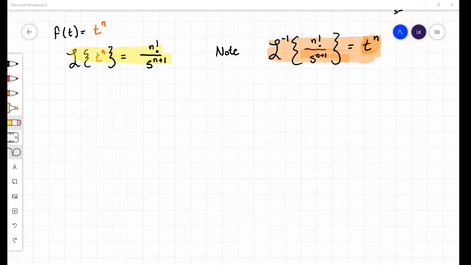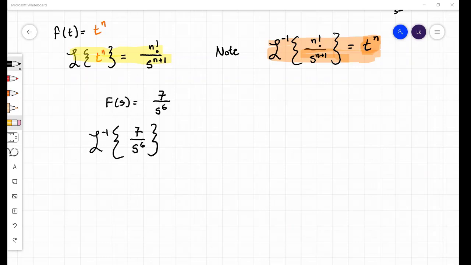Next, let's practice finding the inverse Laplace of a function of s. Suppose our function of s is 7 over s to the power 6. The key here is to force your function of s to look like n factorial divided by s to the power n plus 1. Let's factor the 7 aside, and rewrite the exponent in the denominator as 5 plus 1.